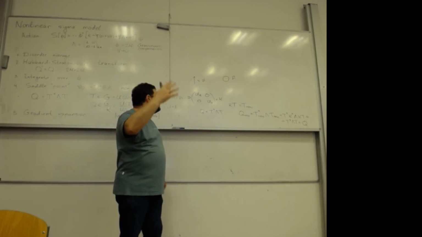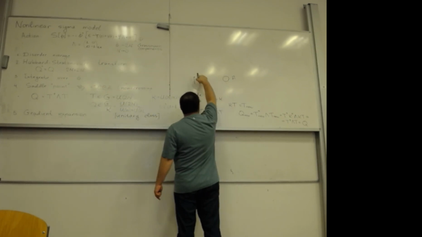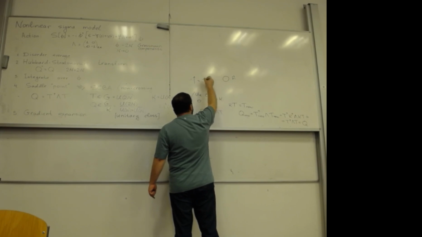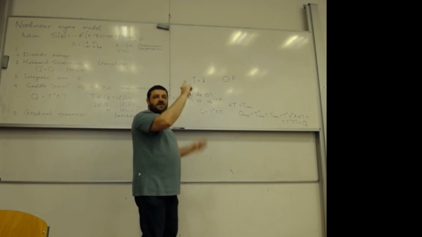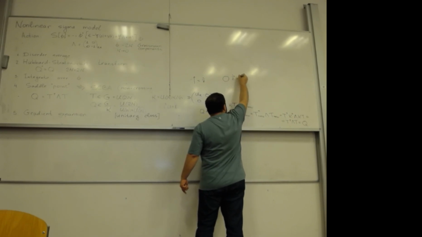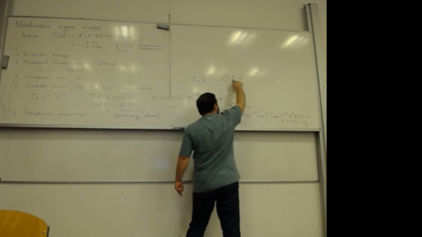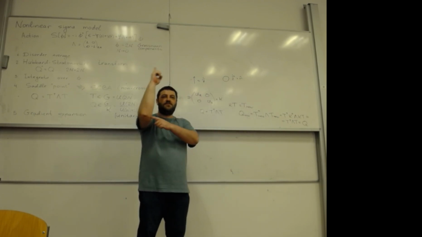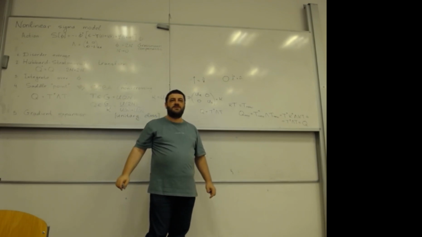So, question. Let me say that the original one was not n, it was the z vector, the unit vector in the z direction. Then you rotate it, and what you get is all possible unit vectors. Any unit vector can be represented as the z vector rotated by some orthogonal matrix.